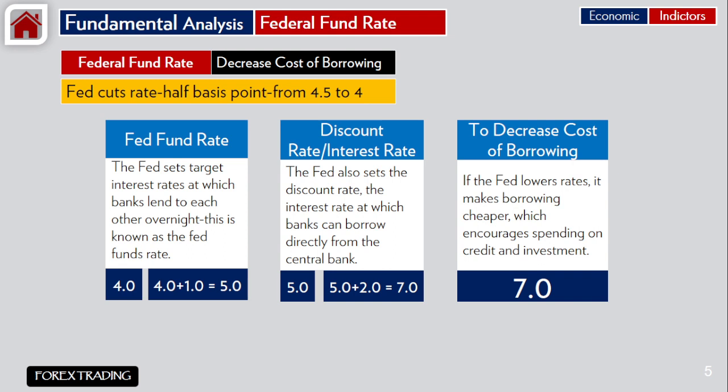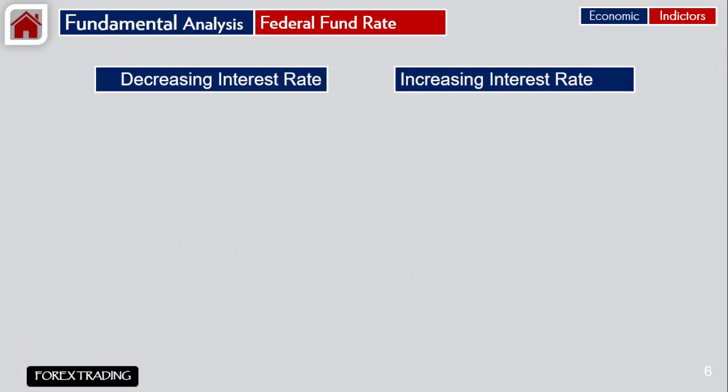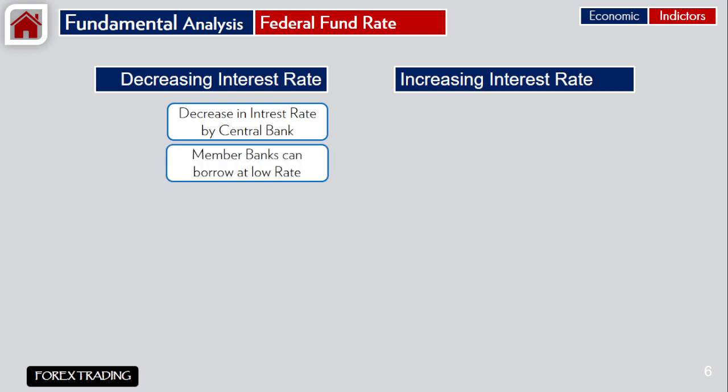Either way, as a forex trader, whether it is decreasing or increasing, it has its corresponding impact on the financial market and the forex market. Now let's take a brief look at what the overall impact on consumers is when interest rates decrease and when they increase. If interest rates decrease, the central bank's decrease means member banks can borrow at a low rate.